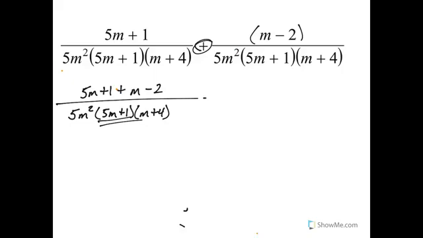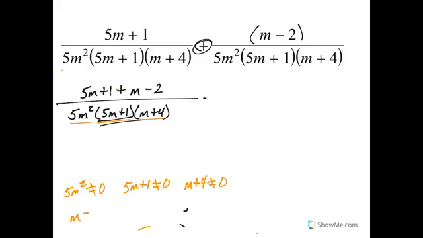But before we go any further, we have to exclude our restrictions on the domain. We need to make sure that the 5m squared does not equal 0. We need to make sure that the 5m plus 1 does not equal 0. And we need to make sure the 5m plus 4 does not end up equaling 0. First one's easy.